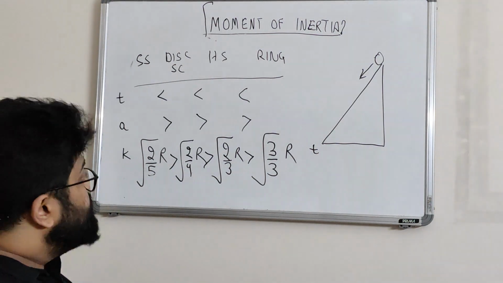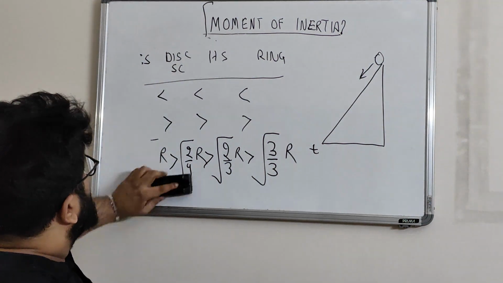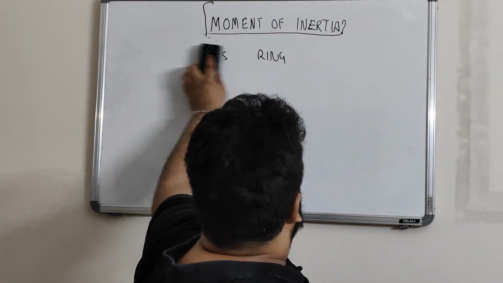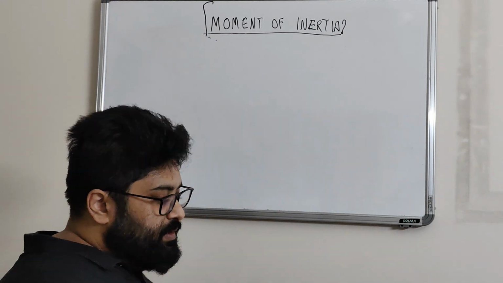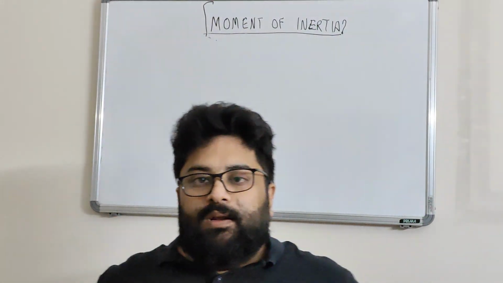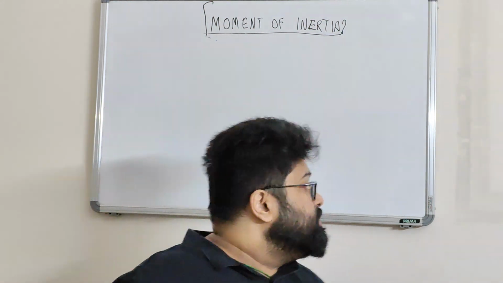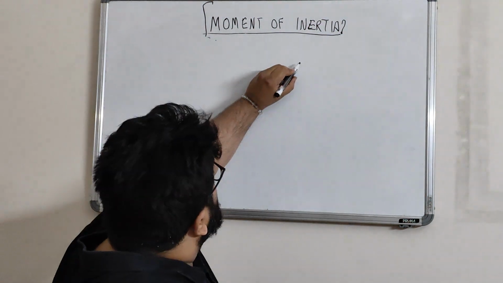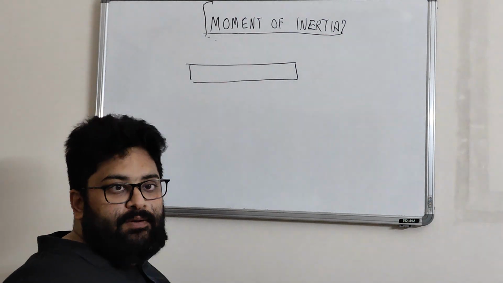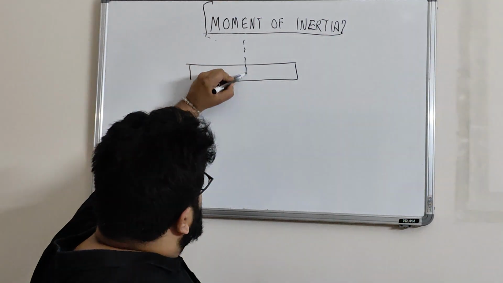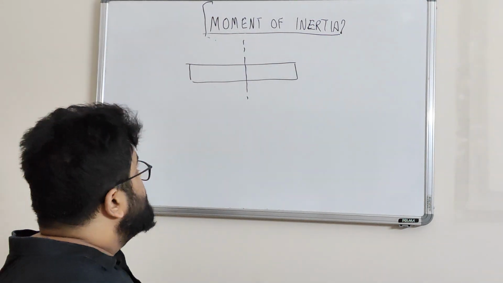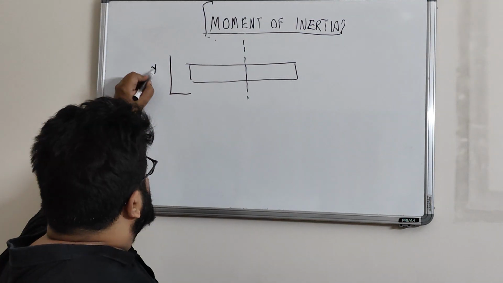So this was all I had to teach for today. Before we end the video, I have around 3 questions. So you remember when we were talking about the linear rod, the axis of rotation was passing through the center of mass. Now this was in this plane.